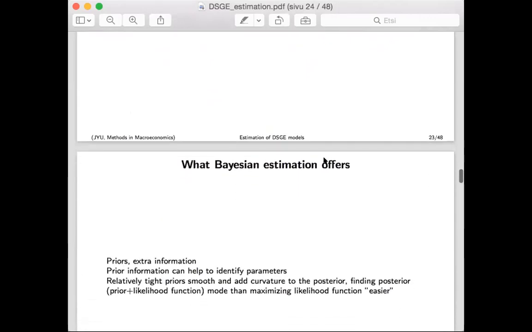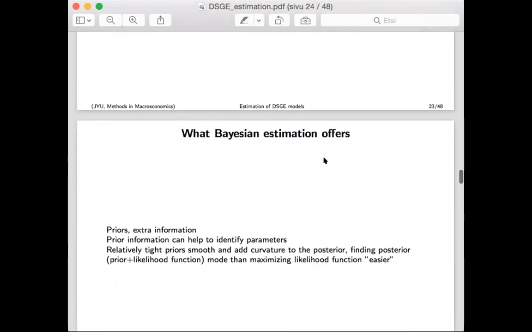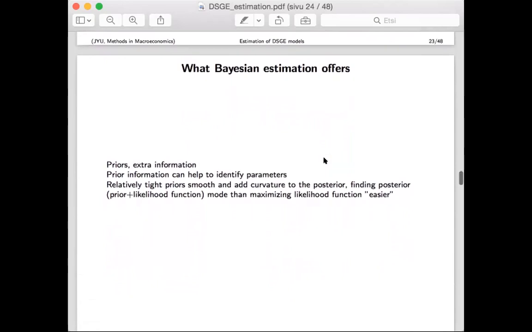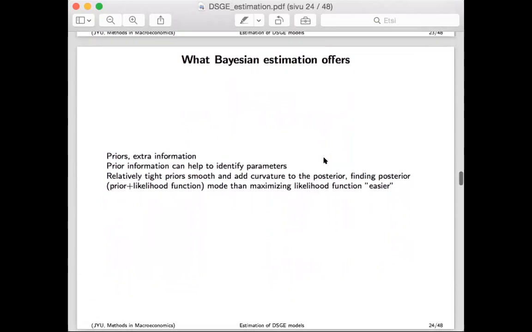But then what Bayesian estimation offers is that one can use extra information through priors, which helps to identify parameters.